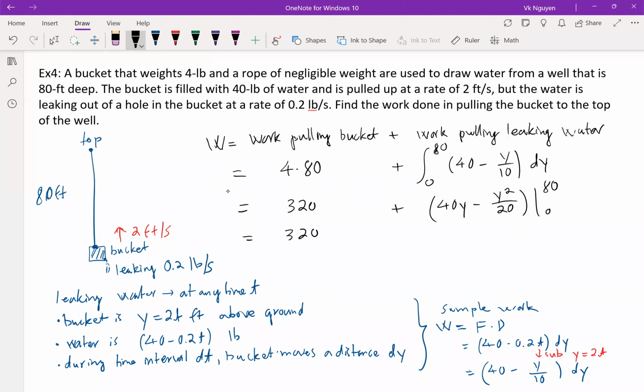And we have 320 plus 40 times 80 is 3200 minus 80 times 80 is 6400 divided by 20. And then when we sub in 0, we just have 0. Oh, how fortunate. So 320 plus 2880. And that gets us 3200 foot-pounds.